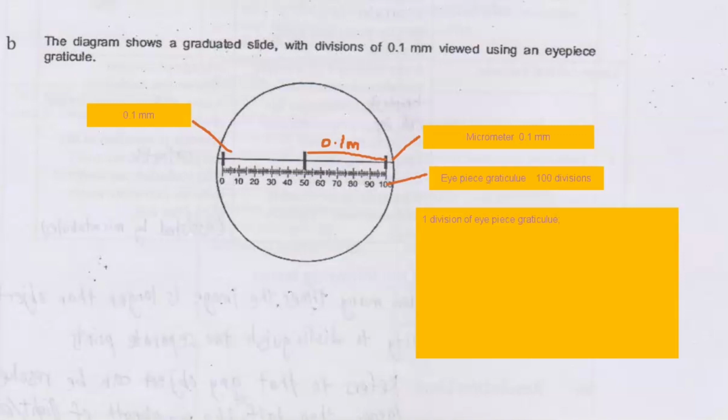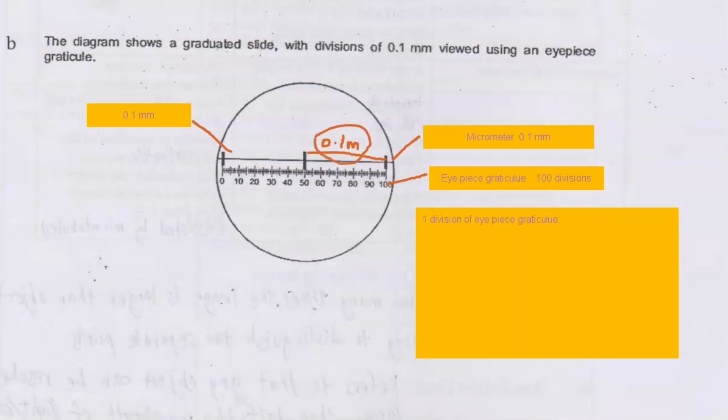The method is that we have to superimpose these two scales under the microscope and calibrate. The first step of calibration is to match the dimensions of the micrometer with the eyepiece graticule, and look at how many divisions of the eyepiece graticule fit within this 0.1 mm.